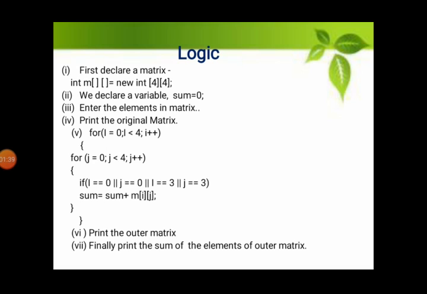Now we declare a variable that stores the sum of outer elements, and we initialize this sum with 0. Now we enter the elements in the matrix using a for loop.